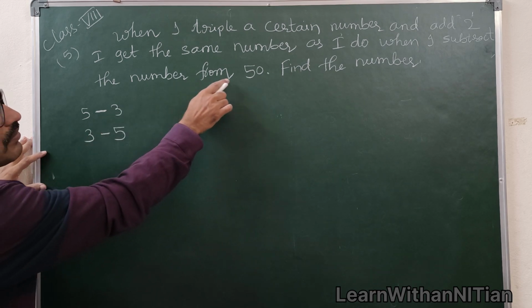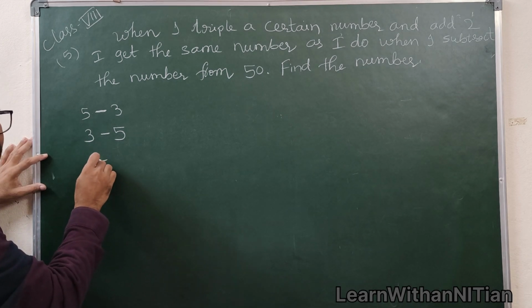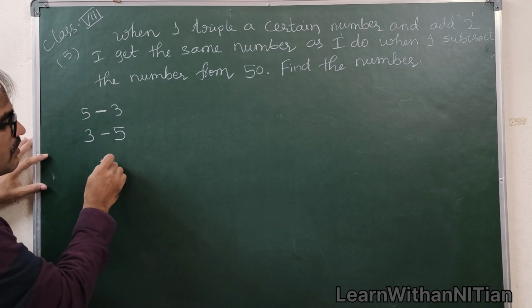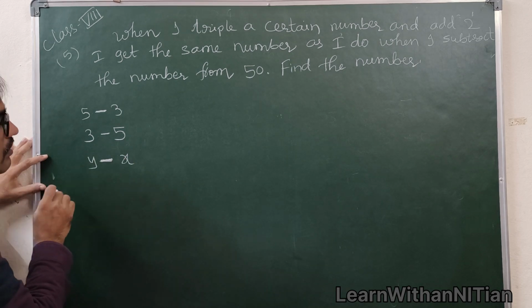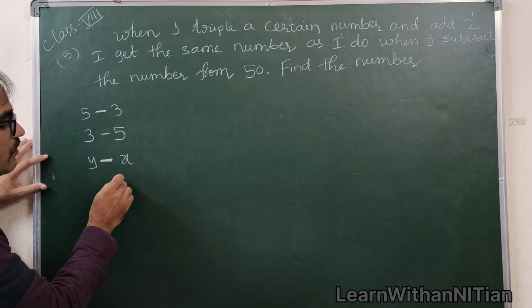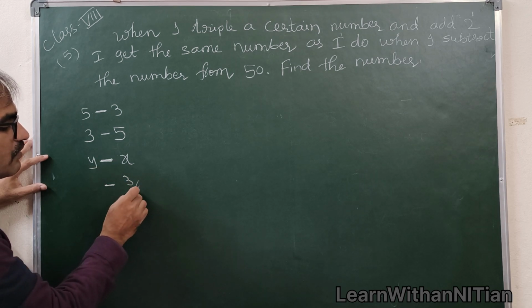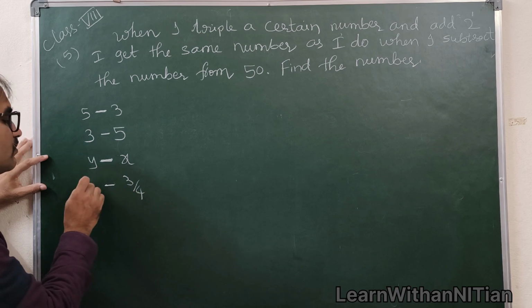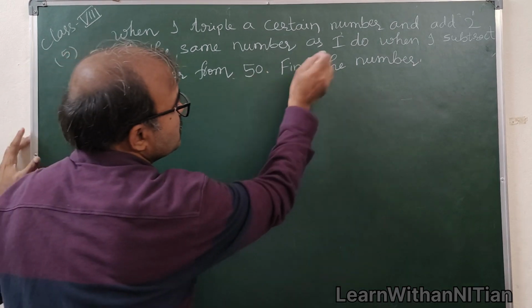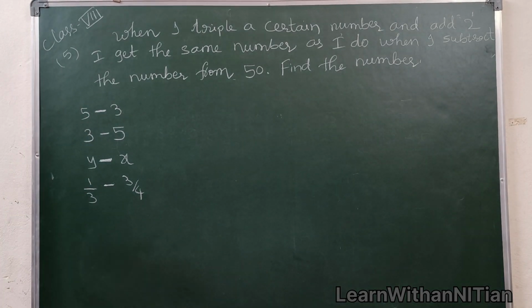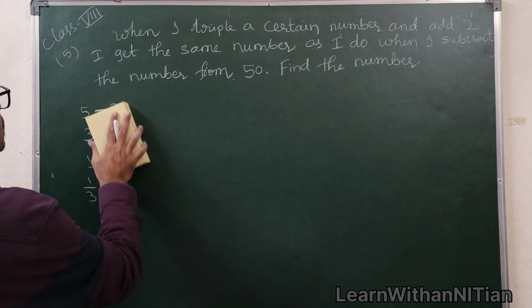Whatever they say "from" should be written first. Subtract x from y means y minus x. Subtract 3/4 from 1/3 means 1/3 minus 3/4. Most of the students will commit mistakes here.